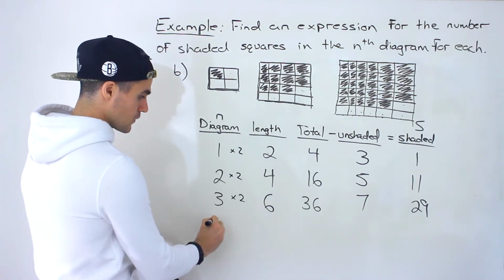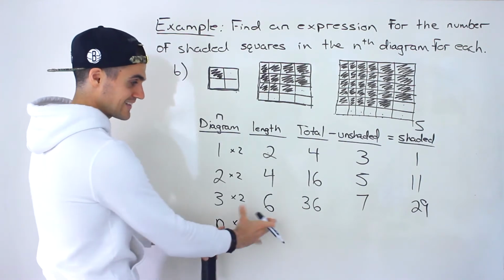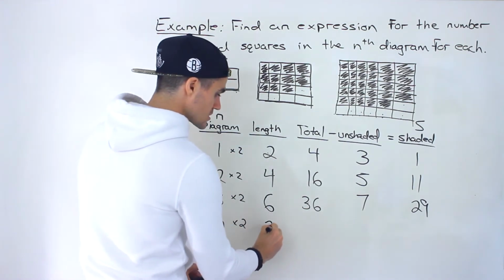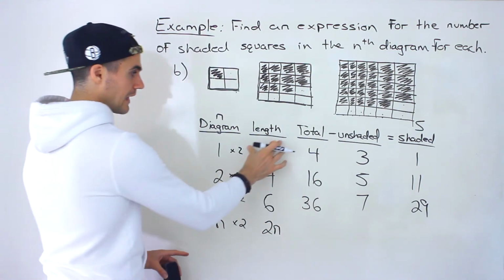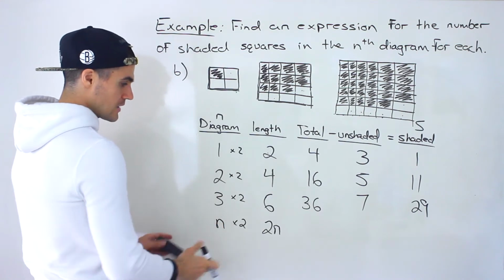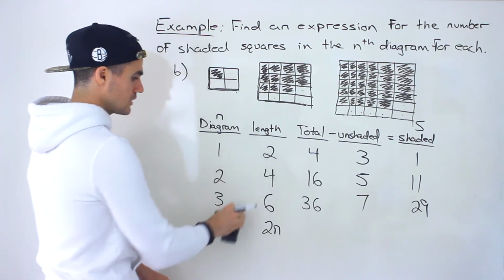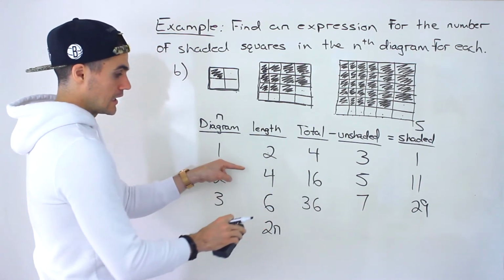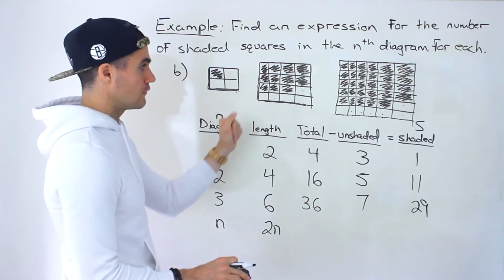And so for the nth diagram, we're also going to be multiplying it by 2 to get the length of that square. 2 times n gives us 2n. So the length for the nth diagram is 2n. What we're doing is taking the diagram number, multiplying it by 2 in order to get the length of the square.